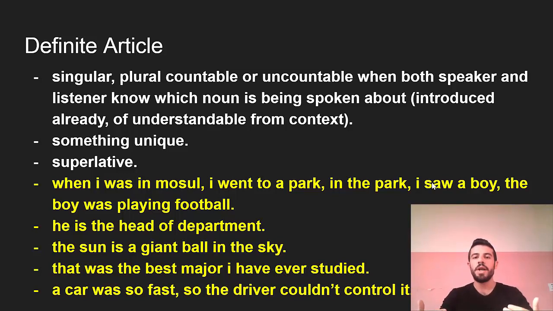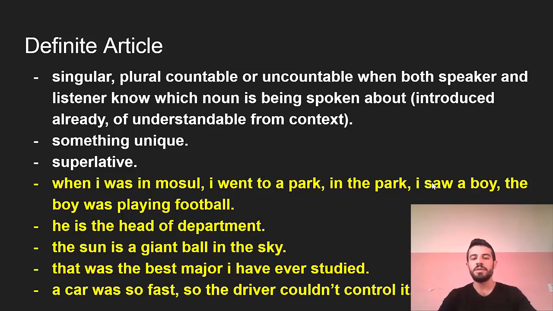For example, when I'm working or standing with my friend in a department, in the computer science department, for example, and someone is coming, I will tell my friend he is the head of department, because I am in the computer science department, and in the computer science department there is just one head of department, right? It is unique.